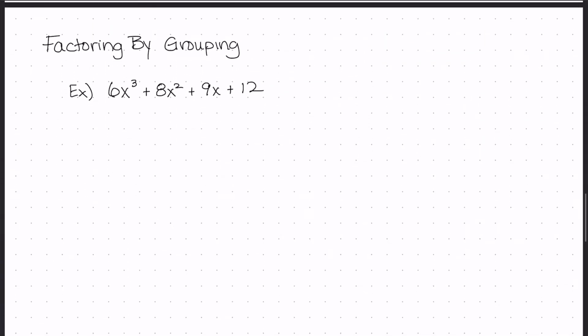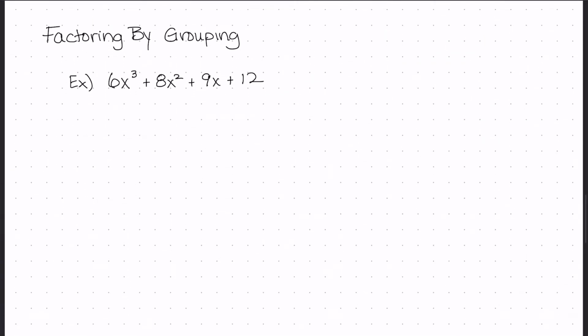So factoring by grouping is best shown with just an example. So I have an example right here. One thing is you can see that we're using factoring by grouping with 4 terms. And so what you do with factoring by grouping is you actually look at it 2 terms at a time. And if we look at the first 2 terms, we want to look for a common factor just in those.